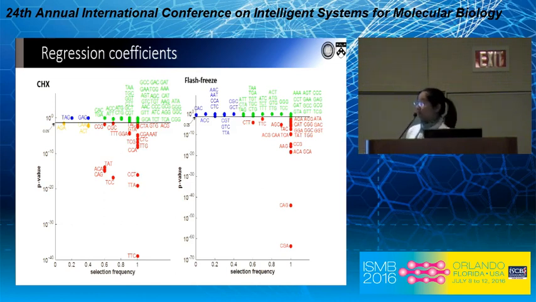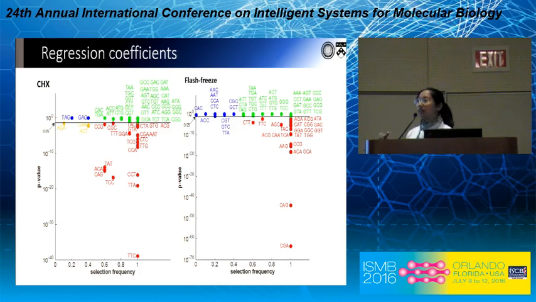Probably as expected, the red ones are codons that are enriched and also selected with high frequency. The blue ones are not enriched and not often selected. The green ones are interesting. They are not enriched, but they are selected frequently.